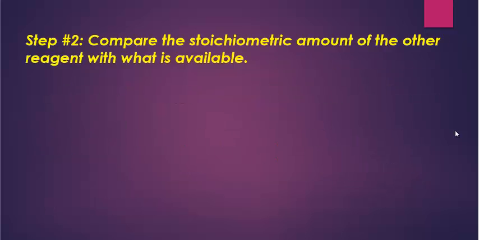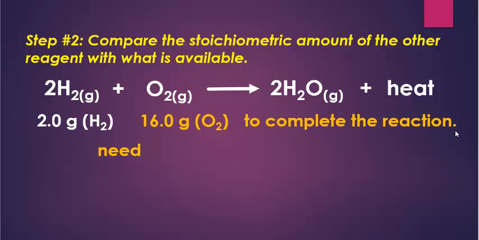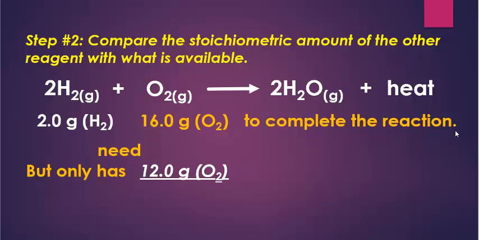So step number 2, now you compare what is available to the stoichiometric amount you calculated. In this case, we took the 2.0 grams of hydrogen gas, and we calculated it needed 16.0 grams of oxygen to complete the reaction. But what is available is 12.0 grams.